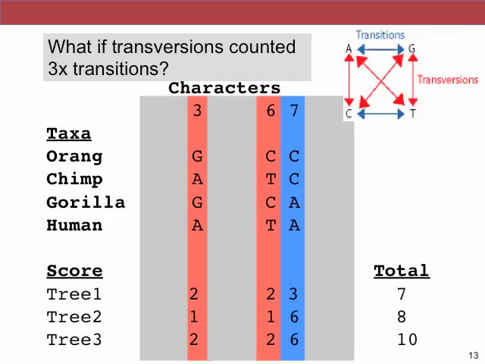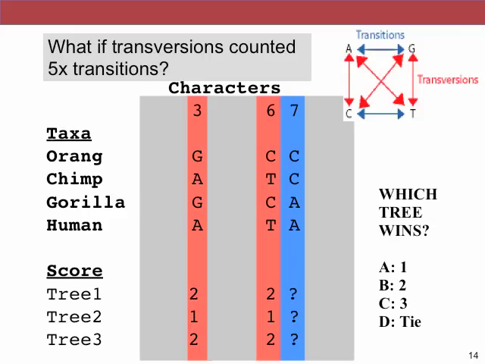And that means now that tree 1 is tied with tree 2. So by penalizing transversions, we have changed which tree is the winning tree. Now we have a tie instead of tree number 2 being the winning tree. We can make it even more. We can say transversions cost 3 times what transitions cost.